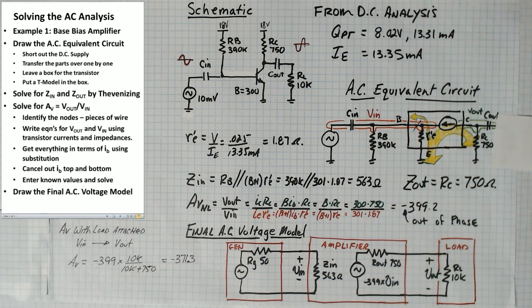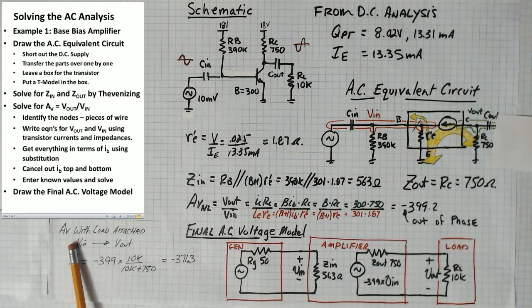So using this, we can say, well, let's put a volt on the input of this amplifier and figure out what comes out. And I've kind of done that over here. So this is the AV with the load attached. The gain of this is minus 400, but as soon as I attach a load to it, I create an attenuator that reduces the output.